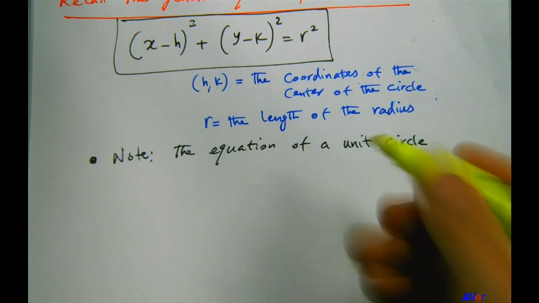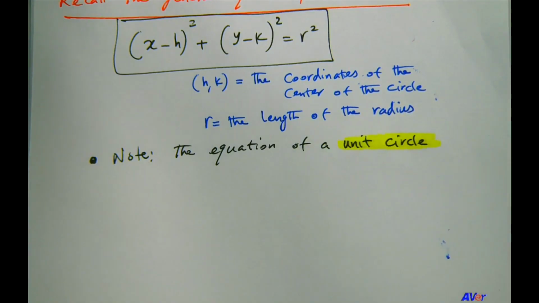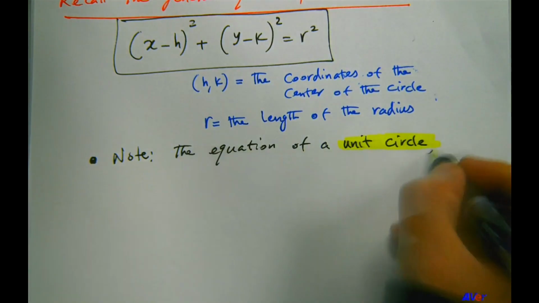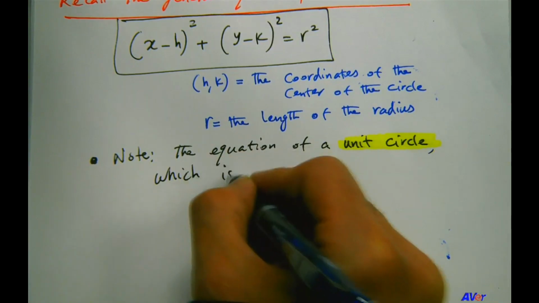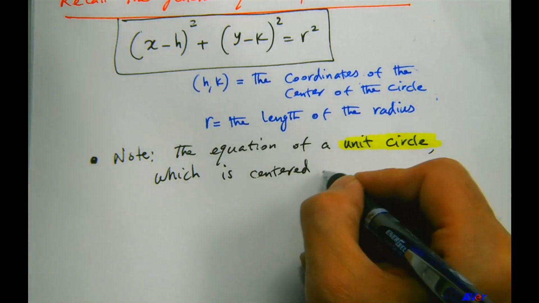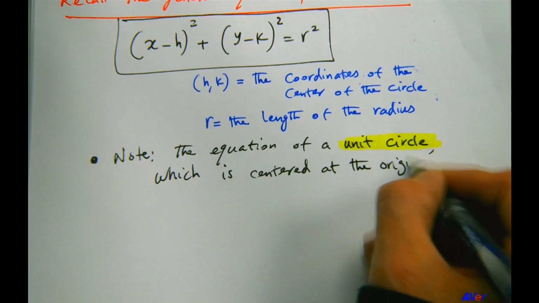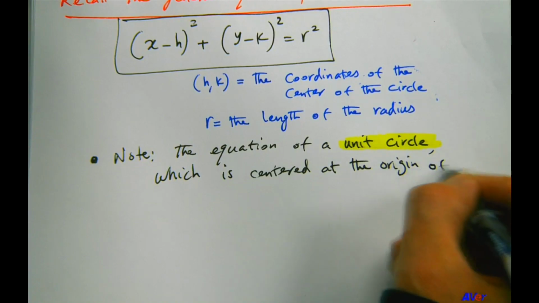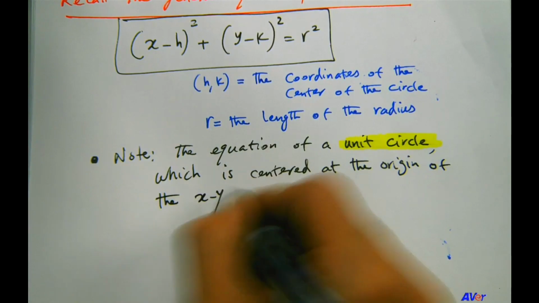This is the unit circle we're talking about, which is centered at the origin of the xy axis.